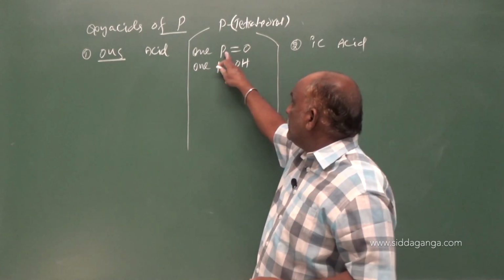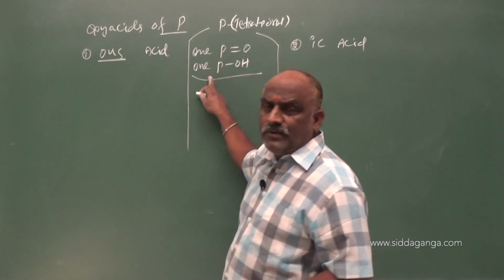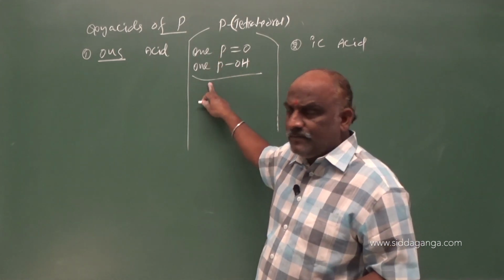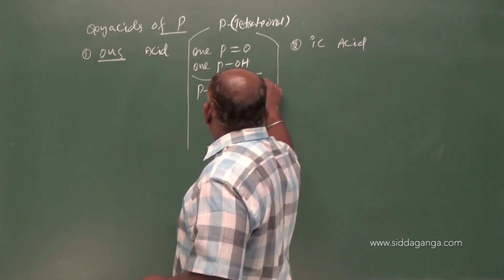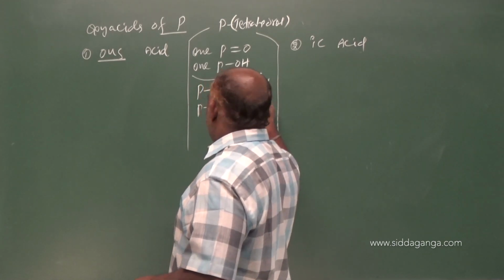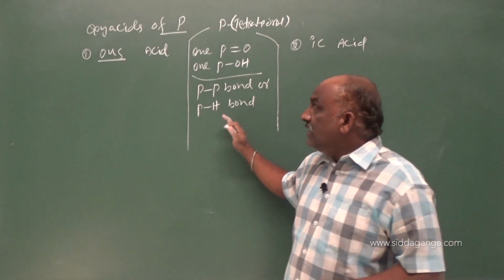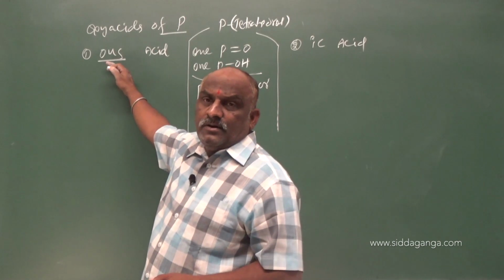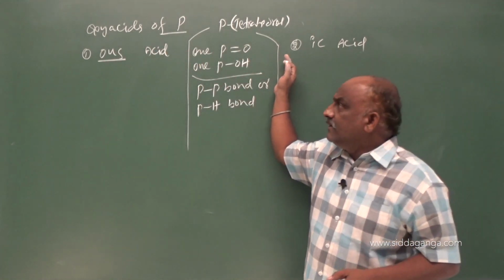In addition to this one P=O bond and one P-OH bond, either a P-P bond or a P-H bond, any one, also takes place while drawing the structure of the ous acid series or ic acid series. Clear?